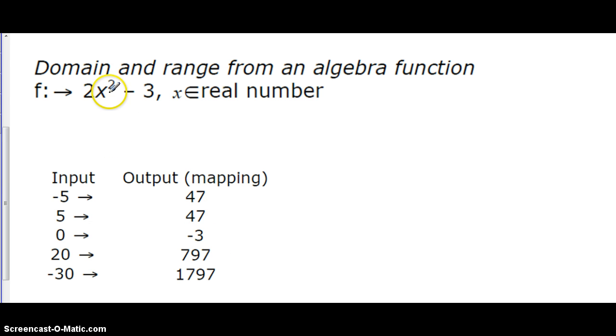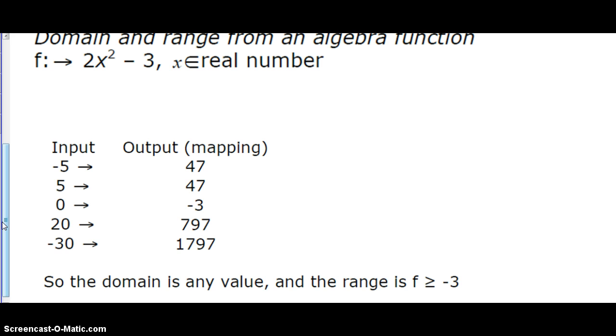Since x is squared, the smallest y value that we'll get is -3. So the domain can be any value in this function, but our range is going to have to be a value greater than or equal to -3.